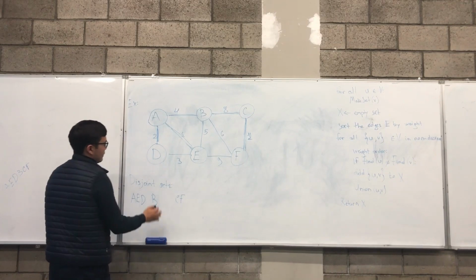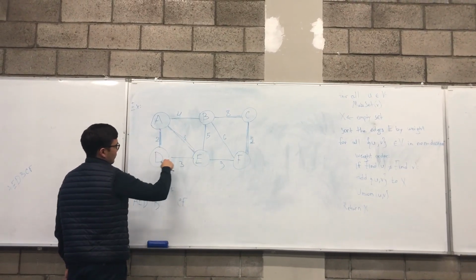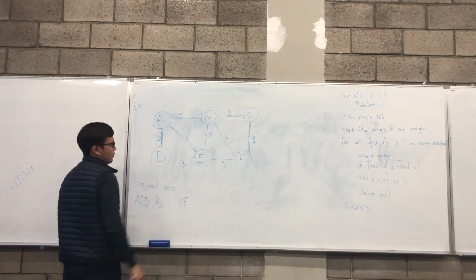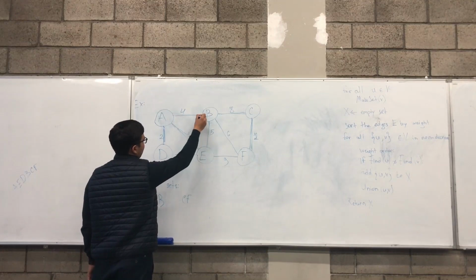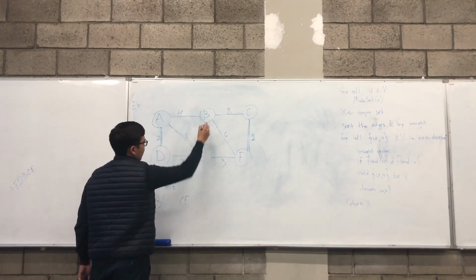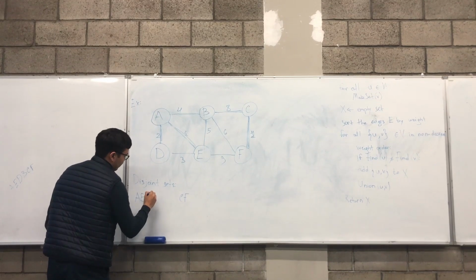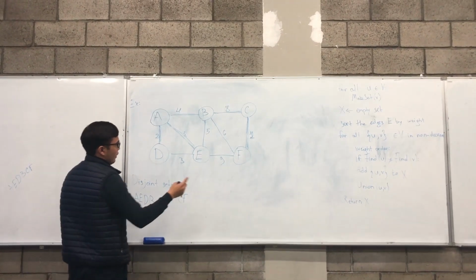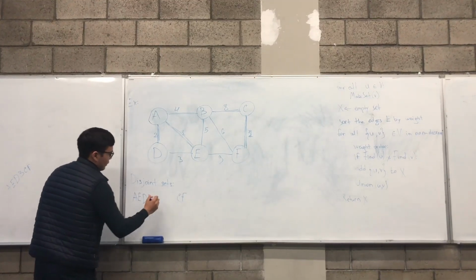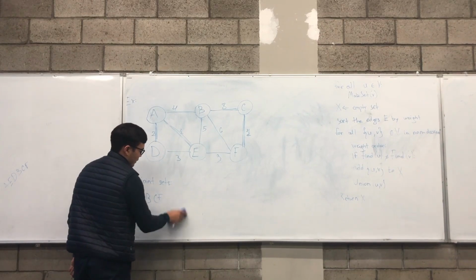The next one, we can take the 3, but it will produce a cycle, so we will not take the 3. The next one, from A to B, will not produce a cycle, so we take B here. The last one, we just add the CF to this part, and in this way we construct the optimal spanning tree.